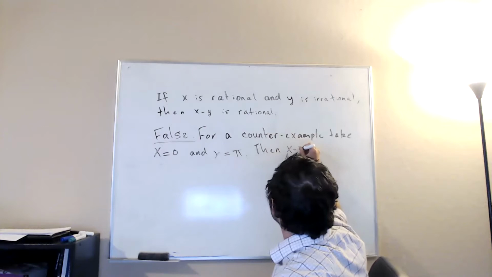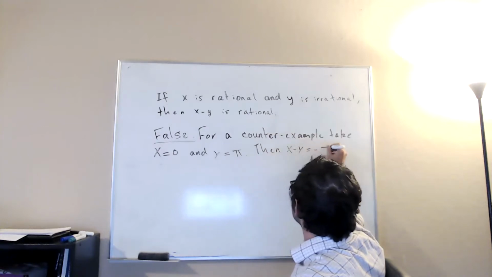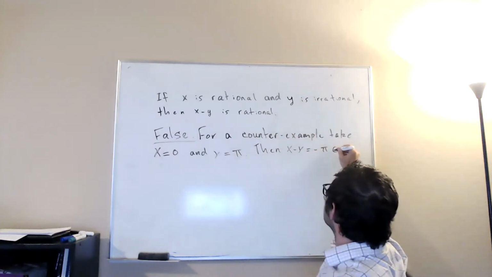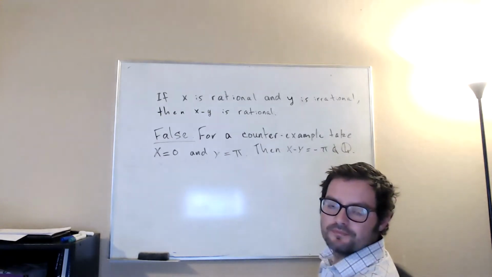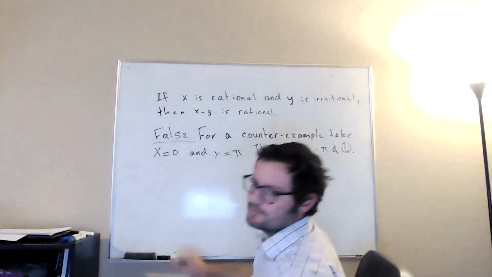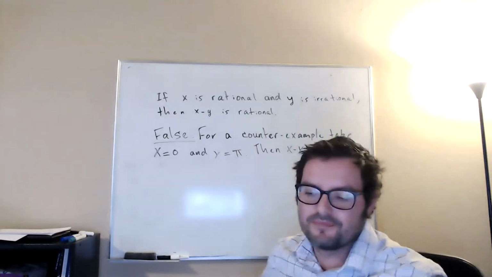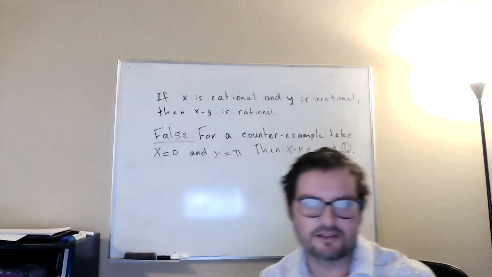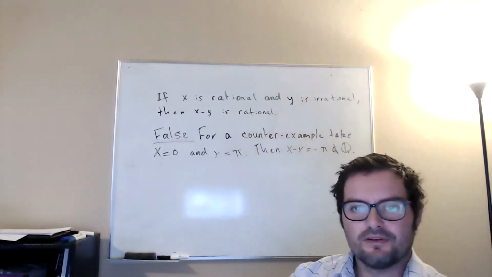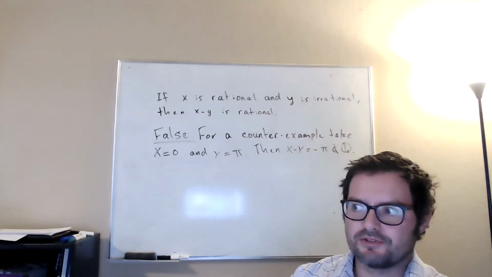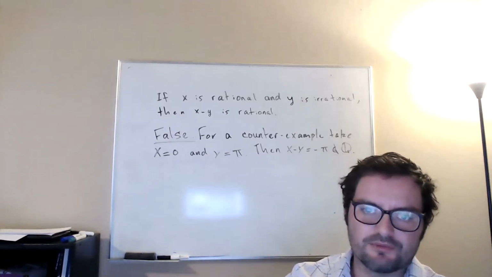Then x minus y is equal to negative pi, which is not rational, or something like that. So if the statement is false, you just need to provide examples, like choosing x and y, just choosing examples that show that the statement is false.